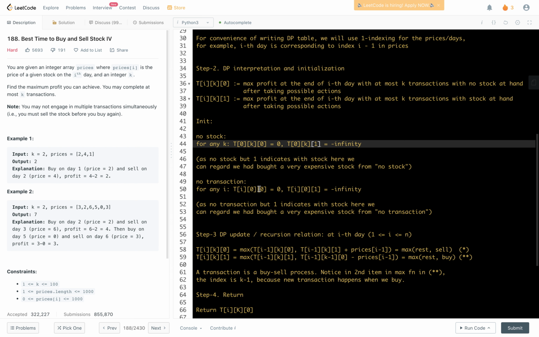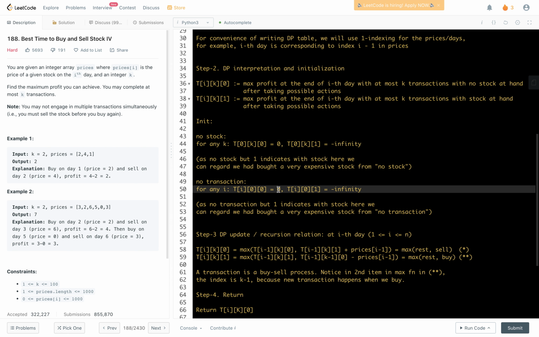Another case is no transaction. In other words, K equals 0. So in this case, for any i, we have T[i][0][0] equals 0, because we have no transaction and we end with no stock, so the profit is 0. And then T[i][0][1] is negative infinity.